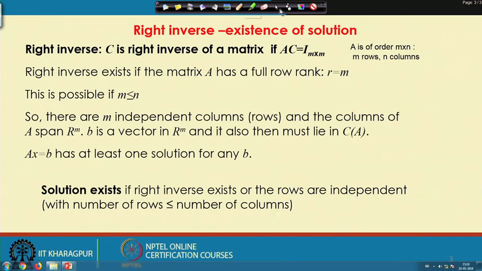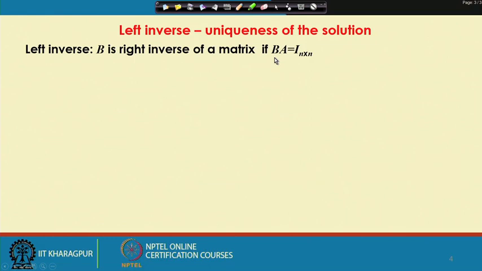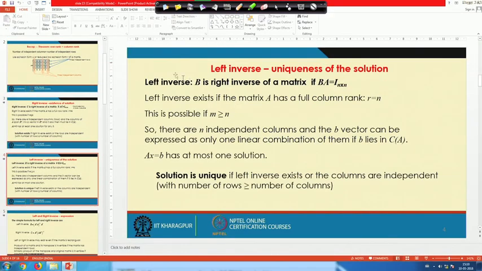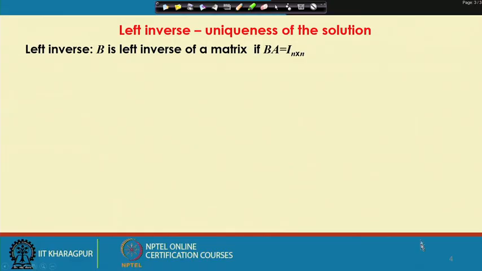Now, let us see what the left inverse is. The left inverse gives uniqueness of the solution. Sorry, it is not the right inverse, the term will be left inverse. B is a left inverse of a matrix if B multiplied on the left of the matrix gives an identity matrix.